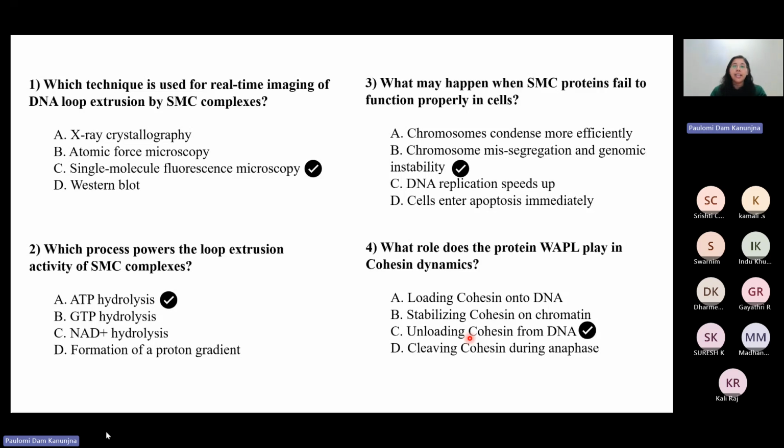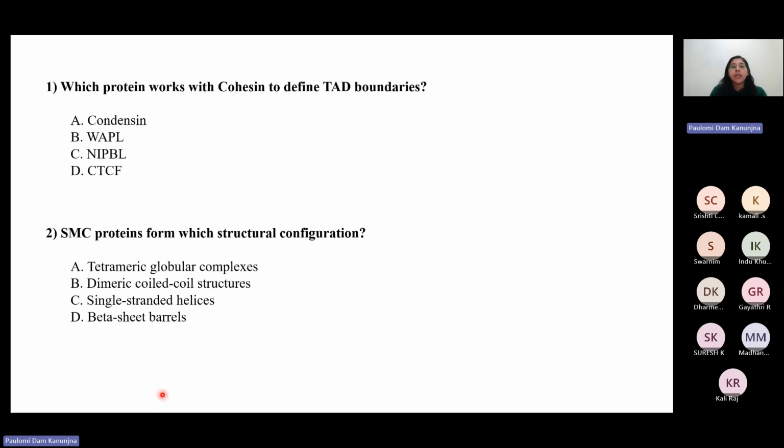Okay. And the last slide for today. Which protein works with cohesin to define TAD boundaries? First of all, we'll just do that and then I'll tell you what it is.